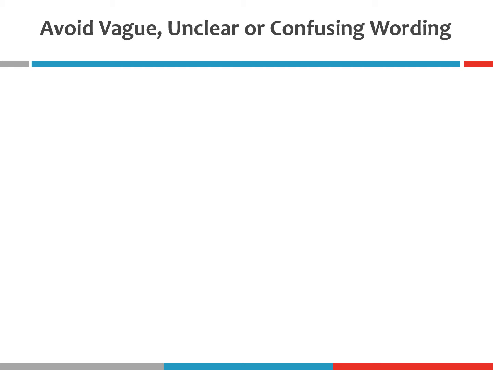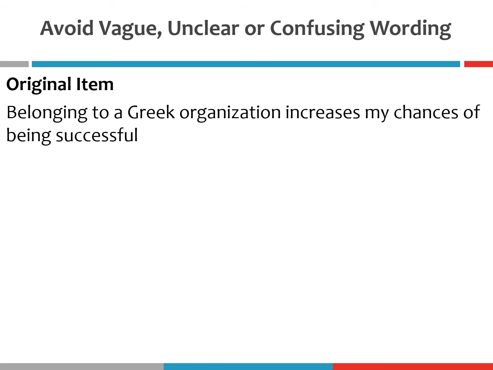I'm going to show you a particular item that is problematic, and I'm also going to talk about how to fix that item. Let's suppose that one of the questions we created was: belonging to a Greek organization increases my chances of being successful, right?